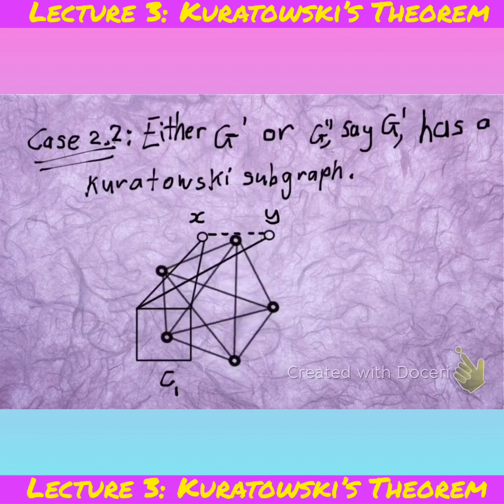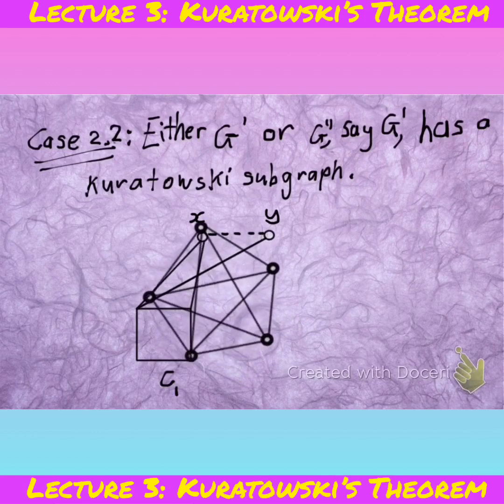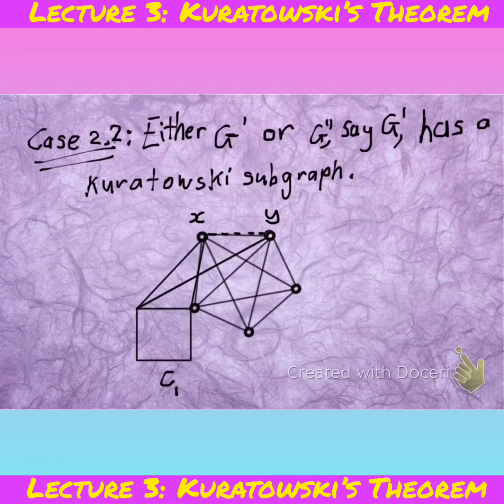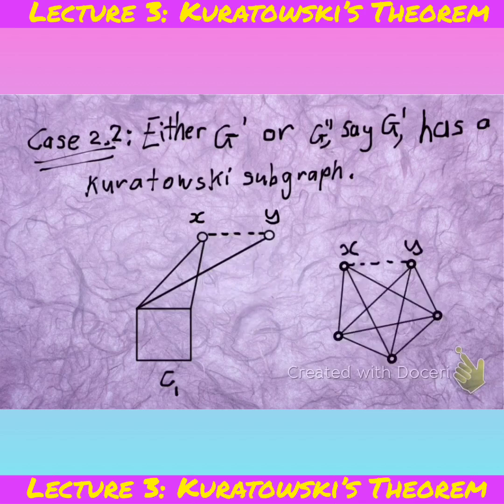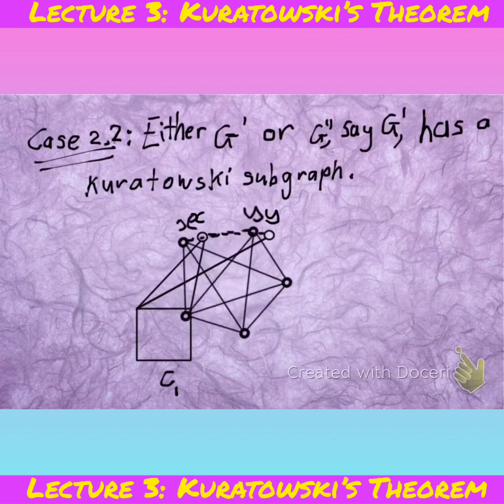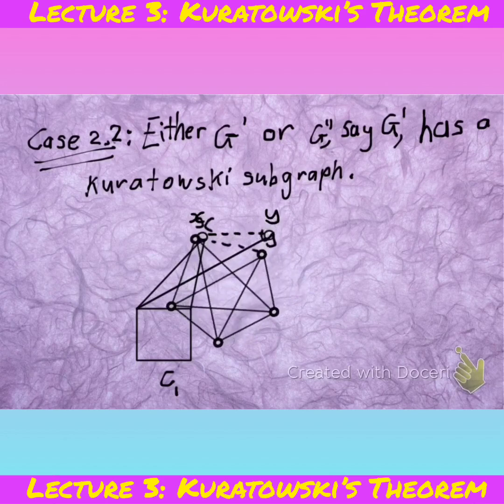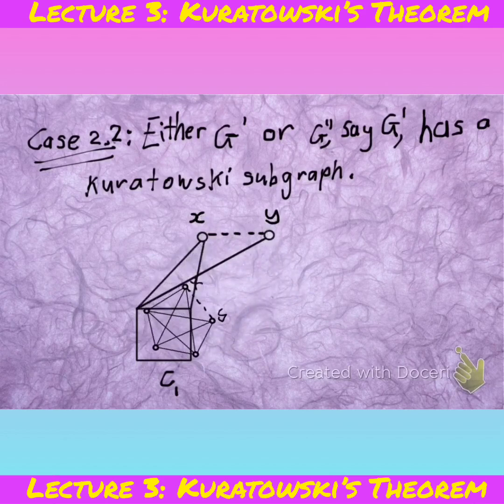So the only other option is that this hypothetical Kuratowski subgraph in G prime has to share that edge there. So it has to share the edge XY. That should be the edge XY, and the remaining vertices on this Kuratowski subgraph all have to lie within that component C1.